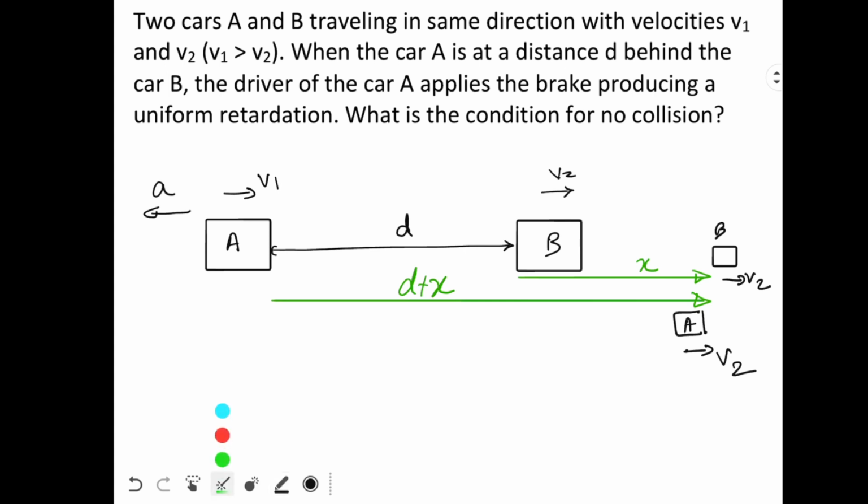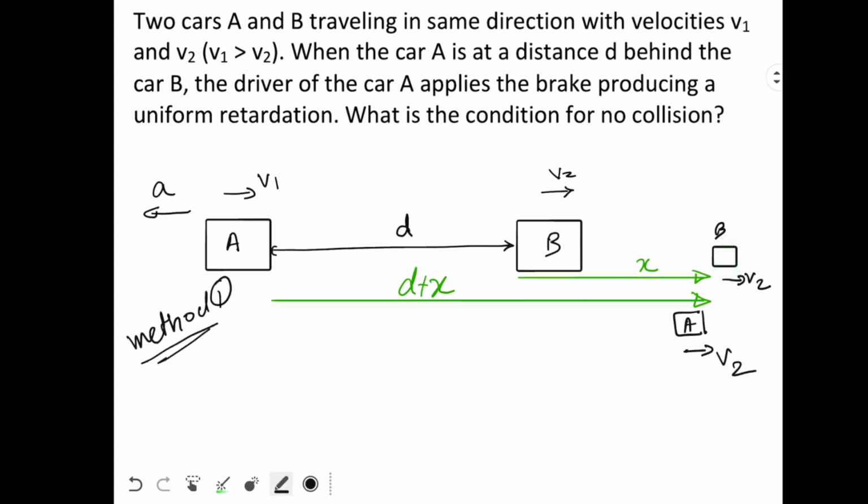Just after this moment, car B will keep on moving while car A will decelerate further and its velocity will decrease from v2, so car A will not be able to reach car B. They are just avoiding collision when both have the same velocity, because after this car A will slow down, its velocity will be less than v2, so it will not be able to catch car B. So this is your method 1 of solving the question.